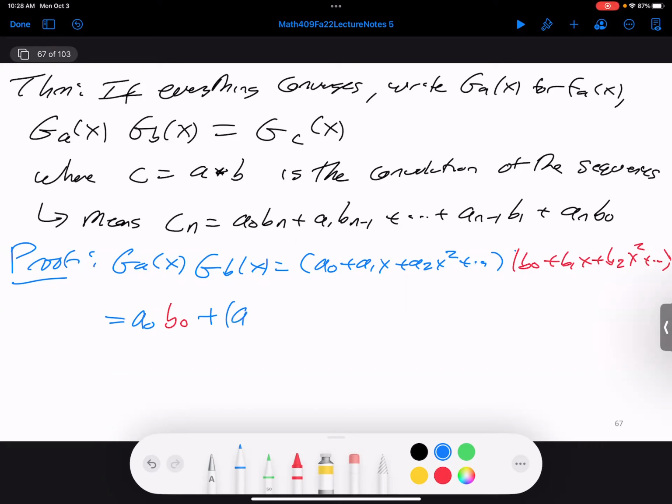So I get a_0 b_1 plus a_1 b_0, times x. Is the pattern clear? If I want a term of degree x cubed, then the sum of the indices has to add up to 3. So this is the generating function of two sequences.